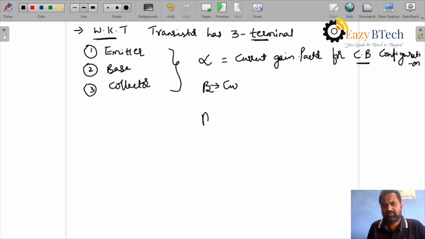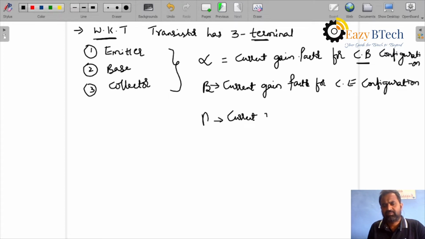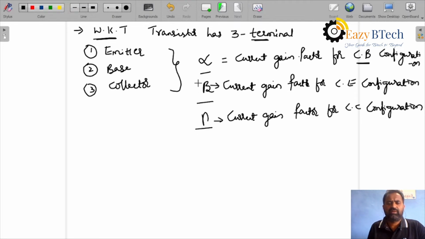Beta is the current gain factor for common emitter configuration. Gamma is the current gain factor for common collector configuration. Okay, this is alpha, beta, and gamma.